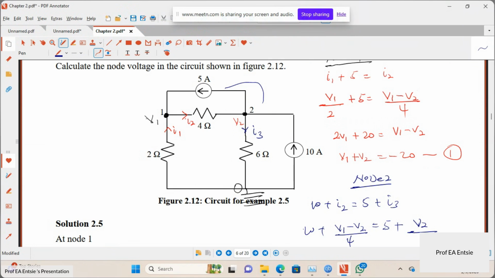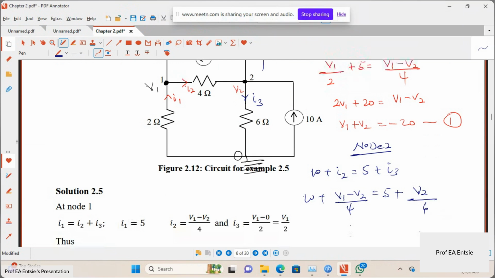So if I break that down, you multiply through by 12. If you do that, you get 120 plus 3 V1 minus V2, because 12 divided by 4 is 3. 3 times V1 minus V2 is 3 V1 minus 3 V2.